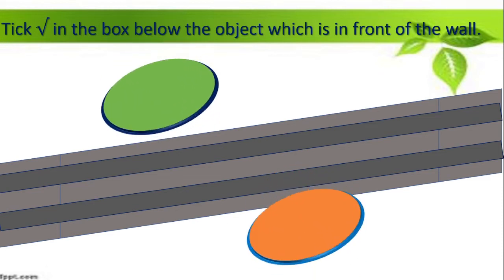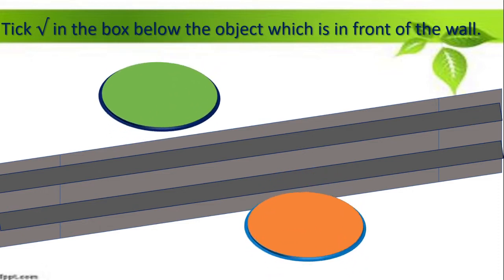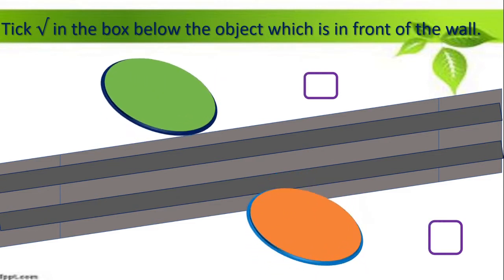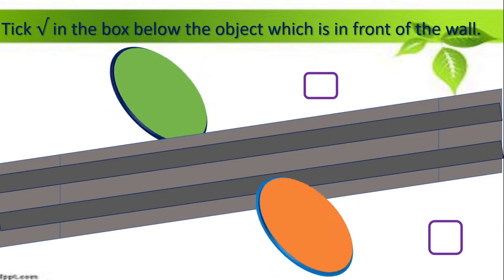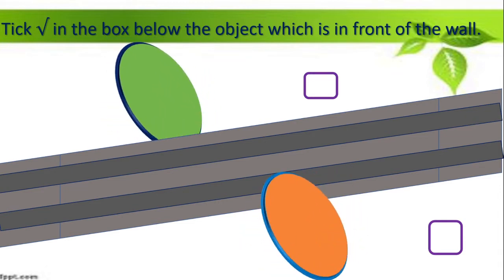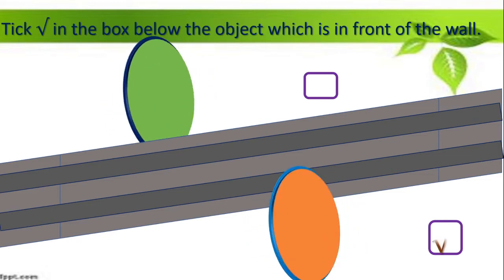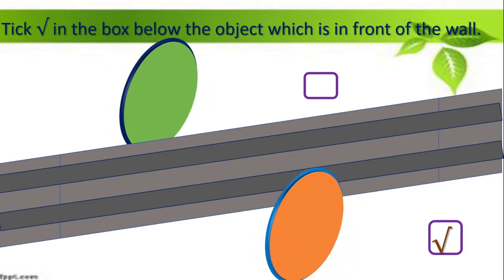We have to tick in the box of the object, that is disc, which is in front of the wall. Come on, tell me which disc is in front and which disc is behind. You are right. Orange color disc is in front of the wall. So we will tick mark in this box. Am I right?